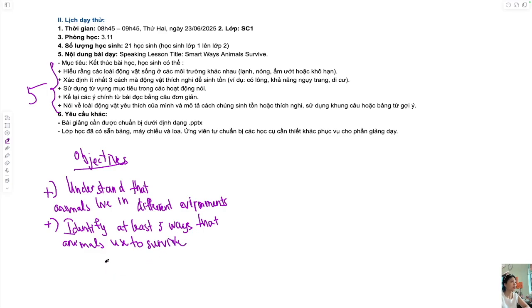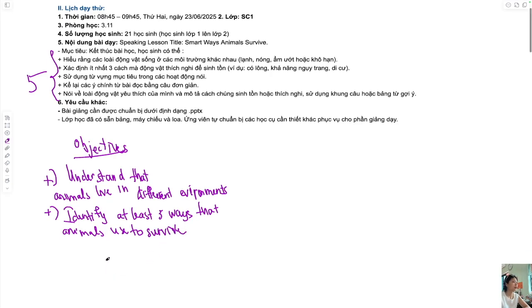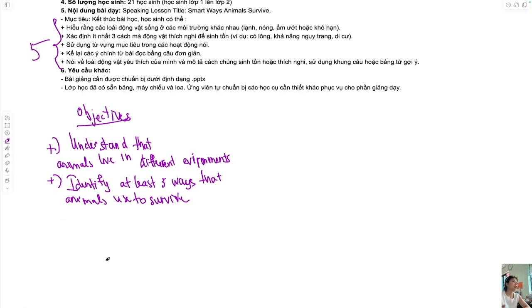And the next one is, for example, have fur, disguise, and migrate.